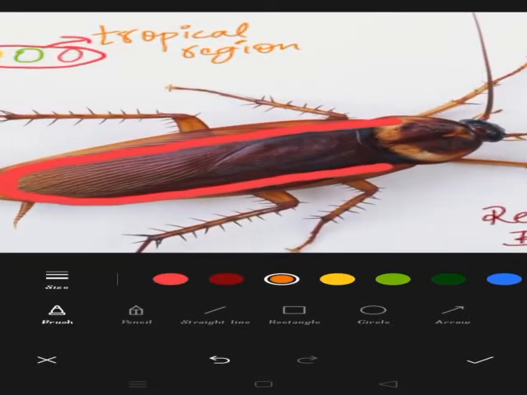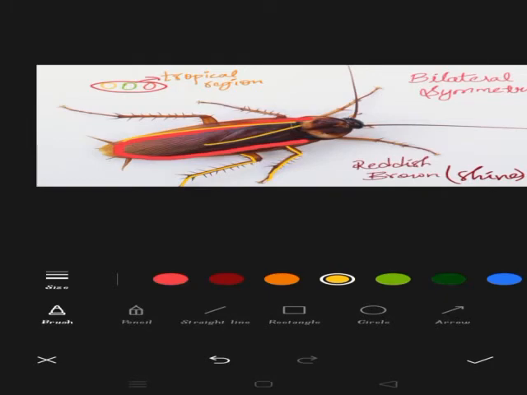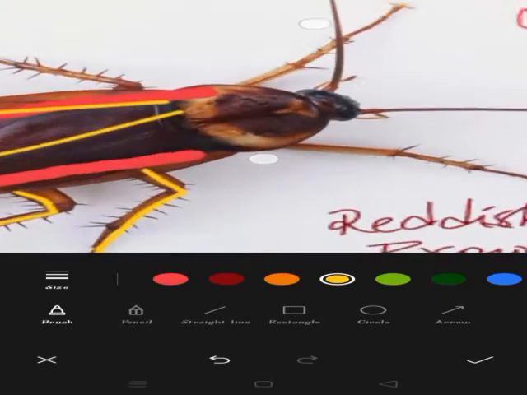The cockroaches have long antennae, legs and a head.